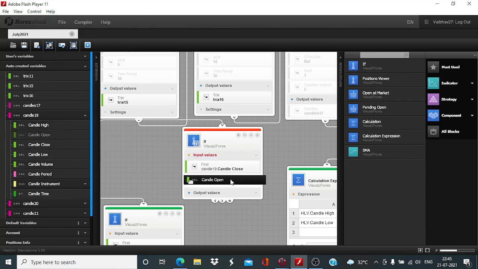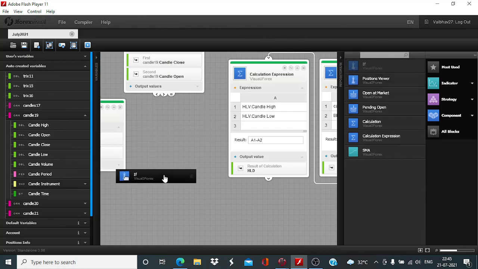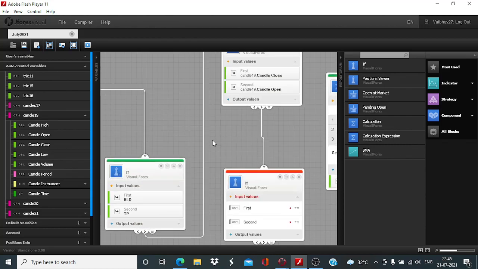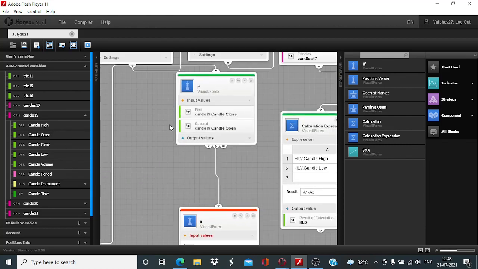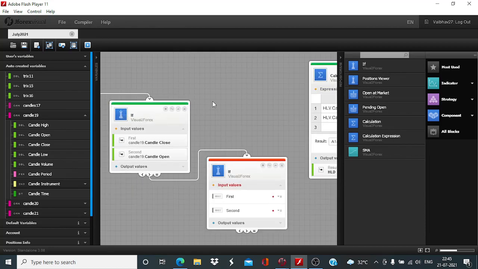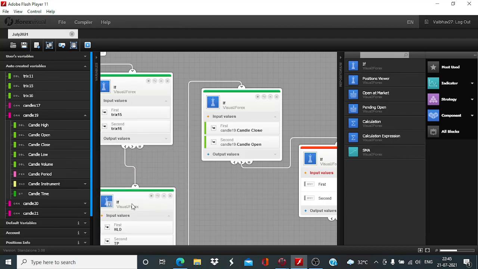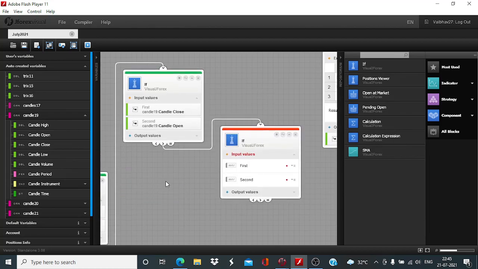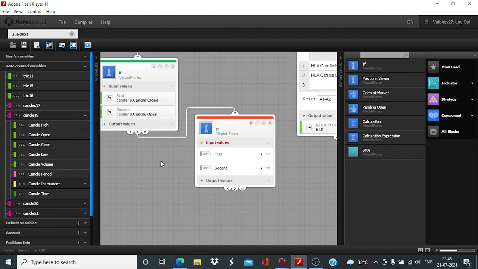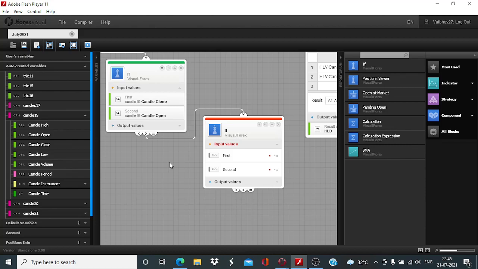Close and open. First input greater than second input. Okay.